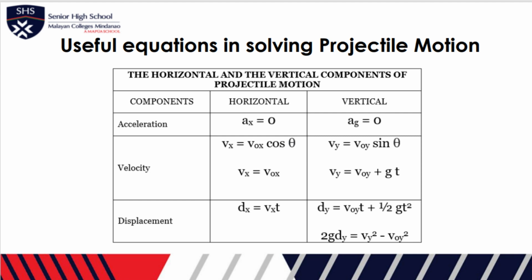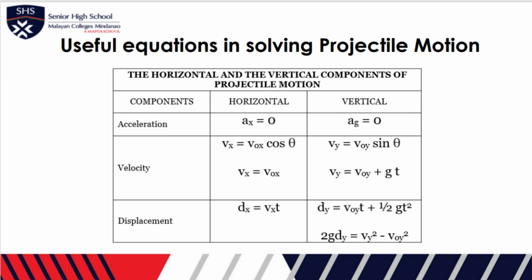In displacement, you may use the equation displacement is equal to the velocity in x-axis multiplied by time. In the vertical, you may use d sub y equals initial velocity in y-axis multiplied by time plus 1/2 multiplied by gravity multiplied by time squared.